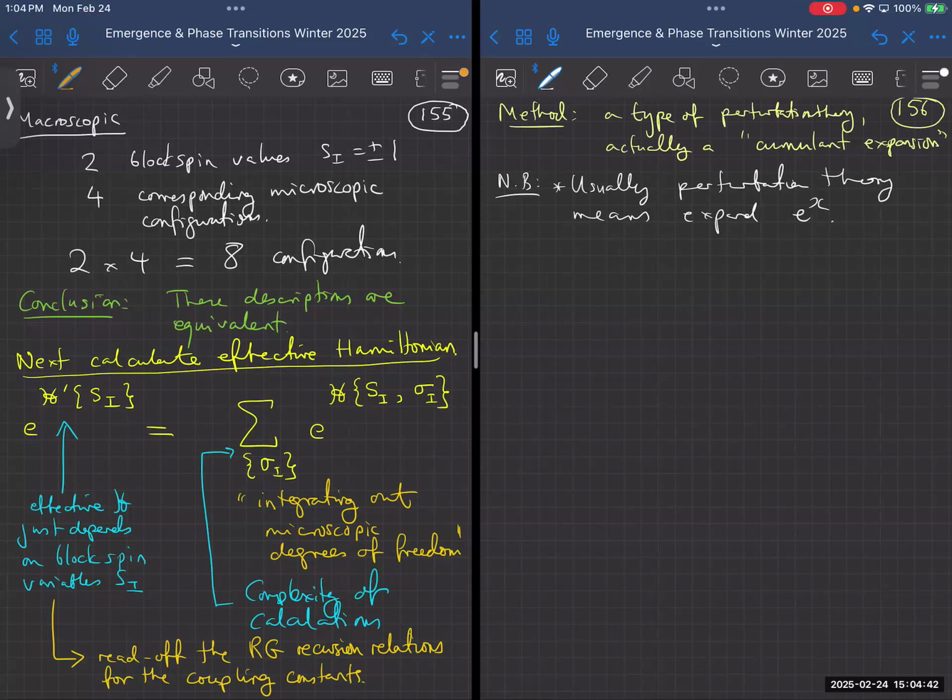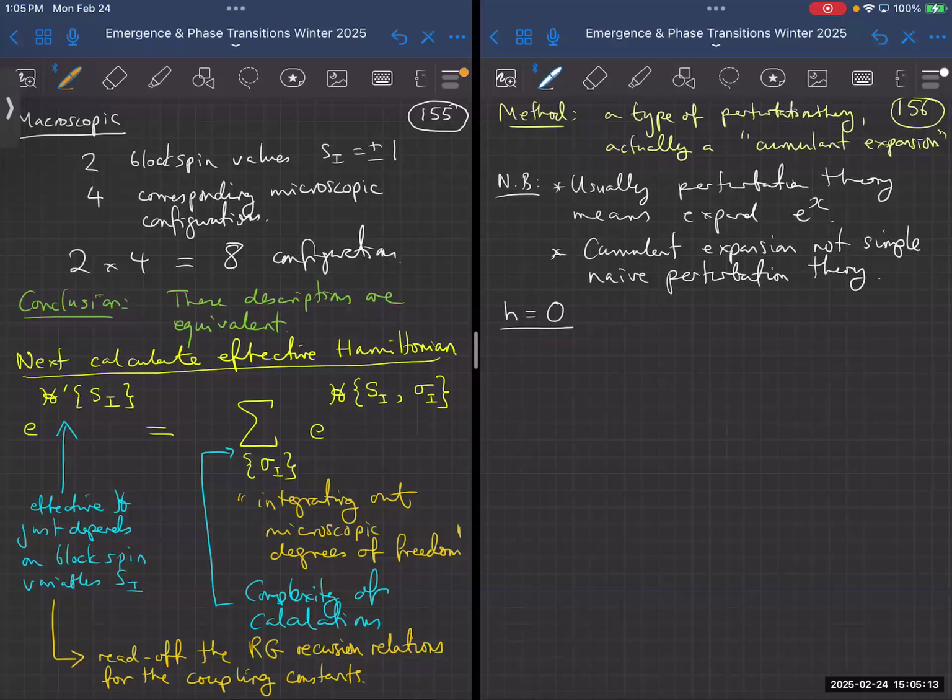We're going to be doing a cumulant expansion of e to the x, and I'll show you what that is. Okay, and then the first thing we're going to do is the case where there's no external magnetic field, and then later I will show you the results with external magnetic field using a dirty trick.